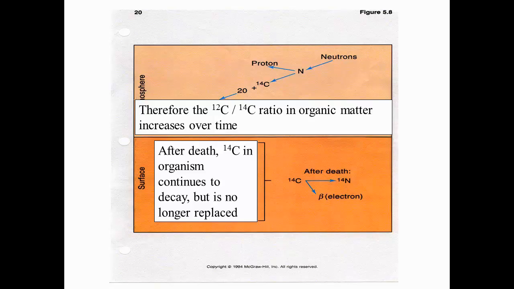Basically, the carbon-12 to carbon-14 ratio is measured in organic material, whether it's bone or shell or oil within paintings, charcoal within archaeological sites. This is the basis for assigning an age to those materials.